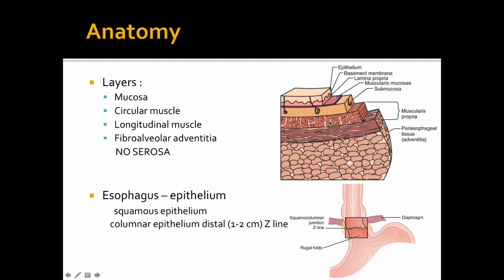We have an inner circular and an outer longitudinal muscle layer. The difference with the esophagus versus the small bowel or large bowel is that there's no serosa. All you have is this periesophageal tissue or adventitia type tissue. Therefore there's one less layer.